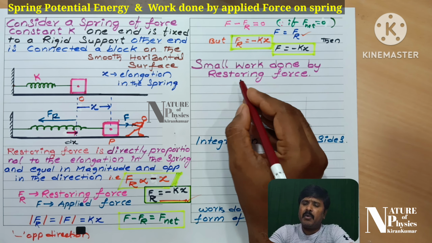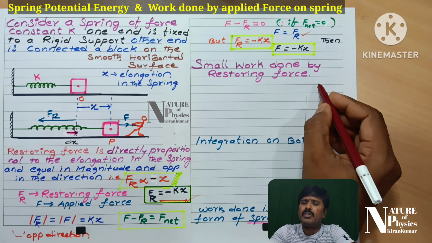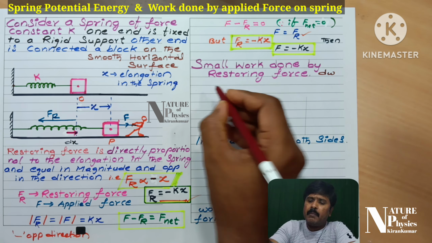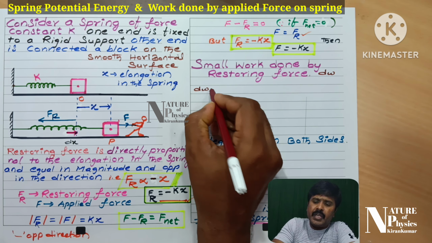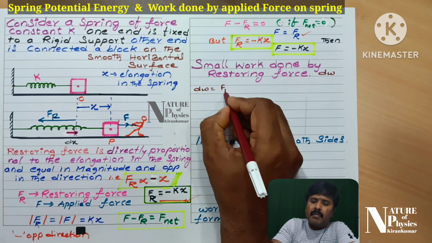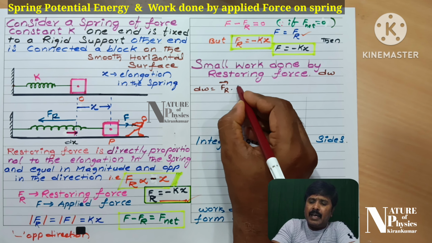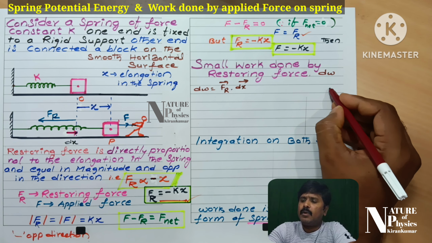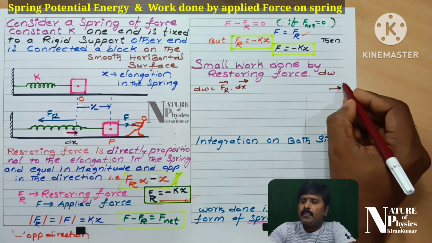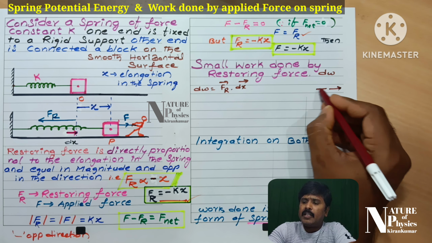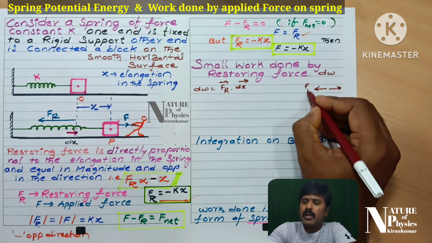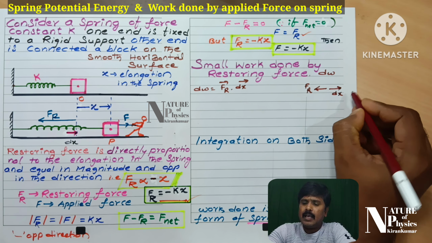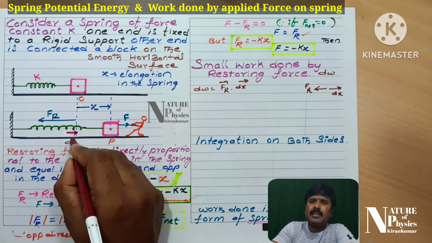Next derivation is the small work done by the restoring force. The small work done is dW, which is equal to Fr vector dot dx vector. Notice that Fr and dx are in opposite directions: Fr is on the left side and dx is on the right side, as represented in the diagram.